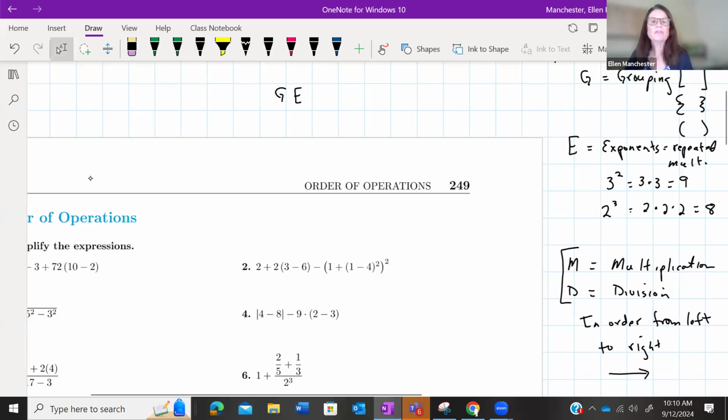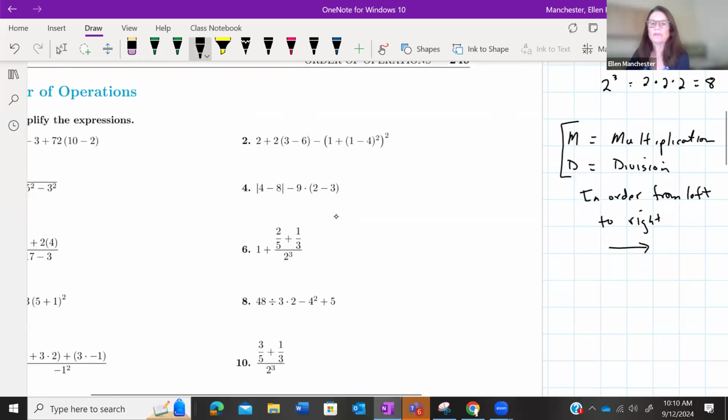So the way I like to write it is M over D. So it is a choice. It's not one before the other. It's whatever you see first as you're reading left to right. Okay, and then the last 2, A and S. Everyone knows those?